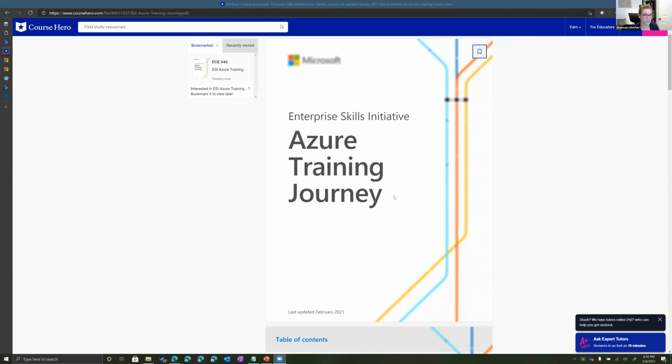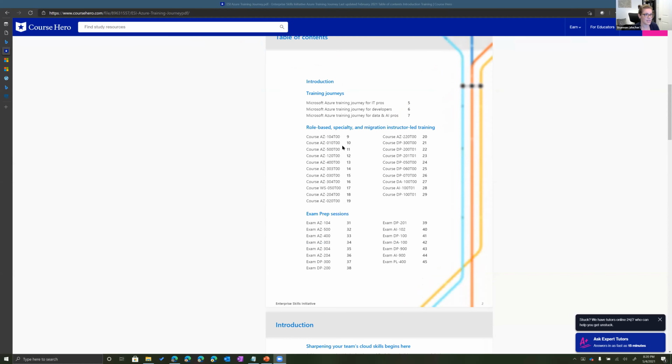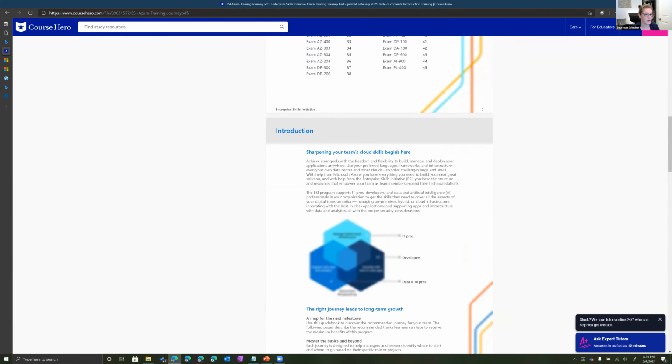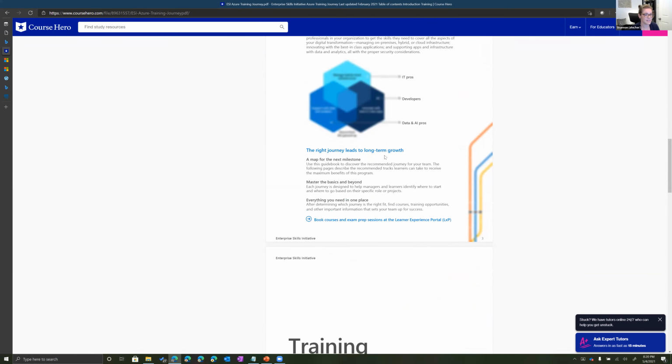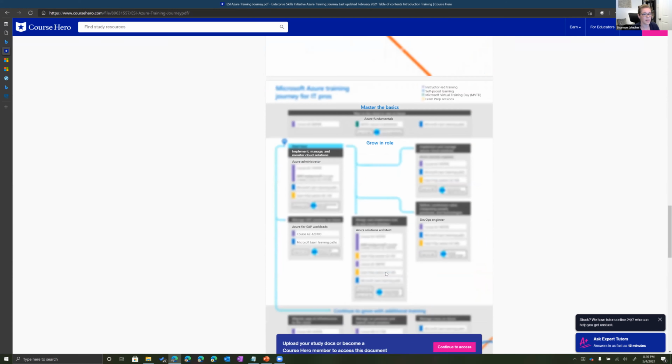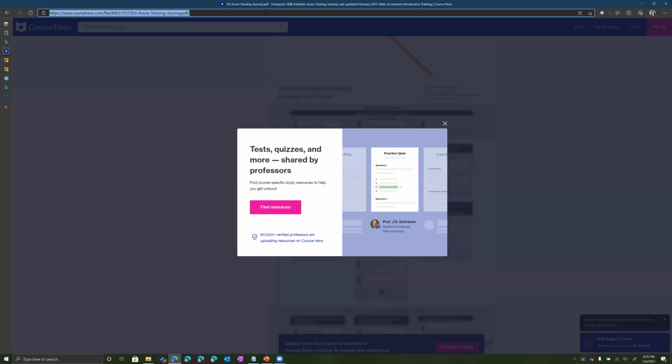It looks like in here, it takes you through the journey by role. So if you're an IT pro, a dev, or a data and AI pro, and that's us, data and AI pros. It's all fuzzy because I haven't signed up for it to download it, but here it is.